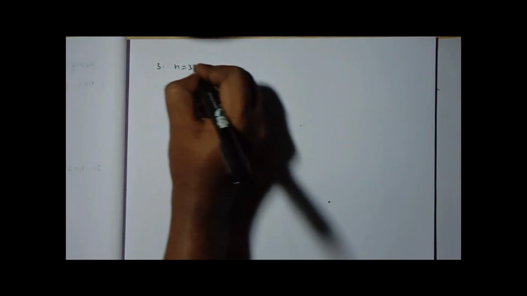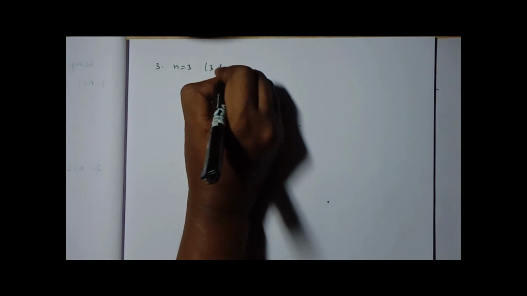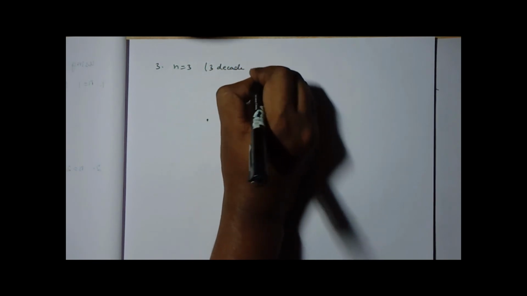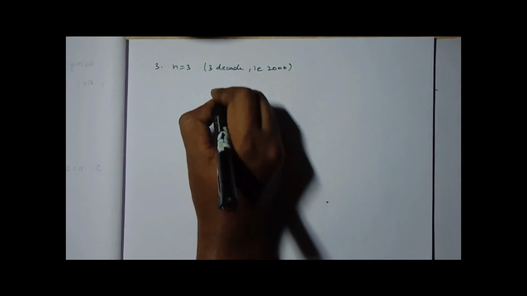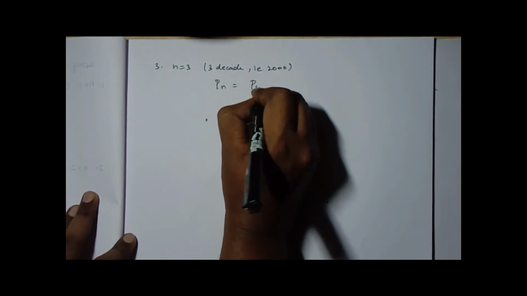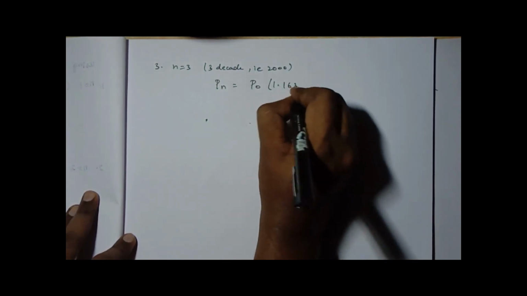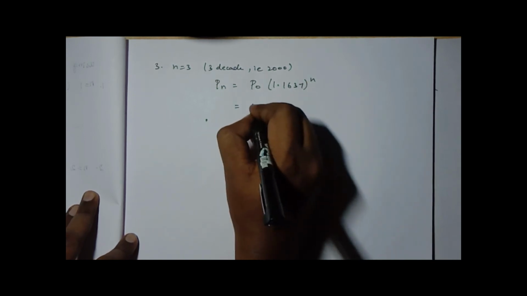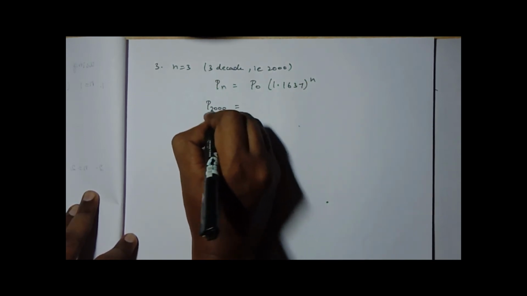Next we will go to the third decade, which is n is equal to 3, in the year 2000. So Pn is equal to P naught into 1.1637 to the power n, which is P 2000.